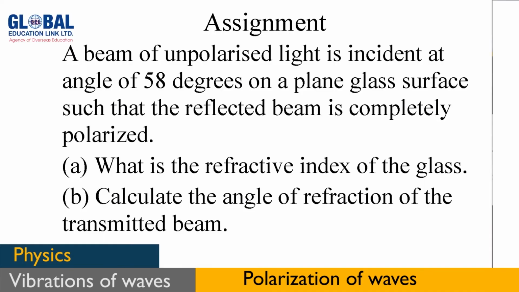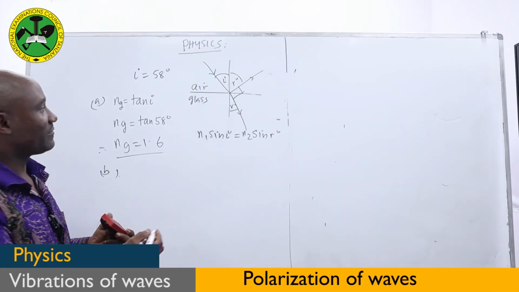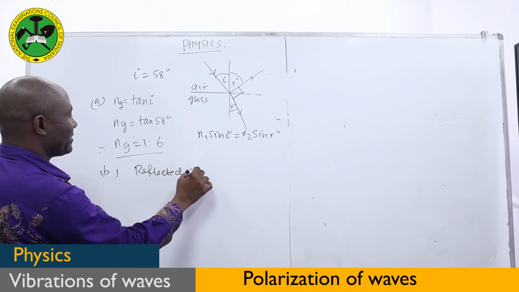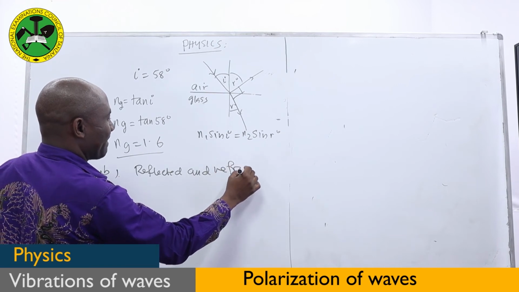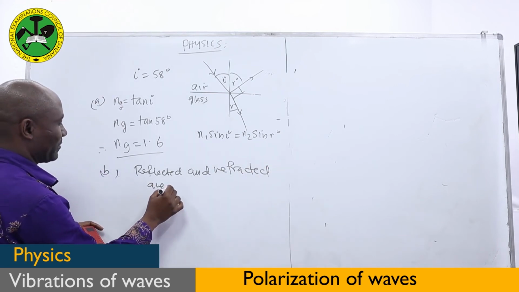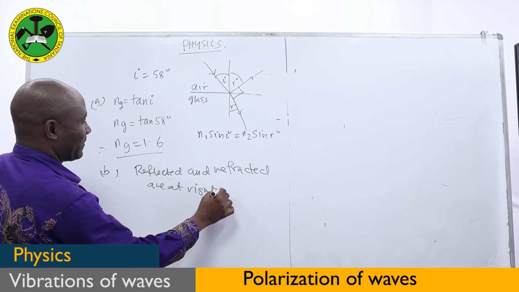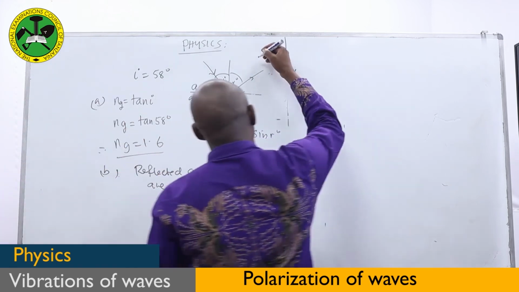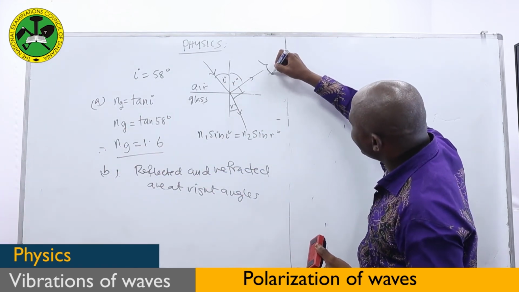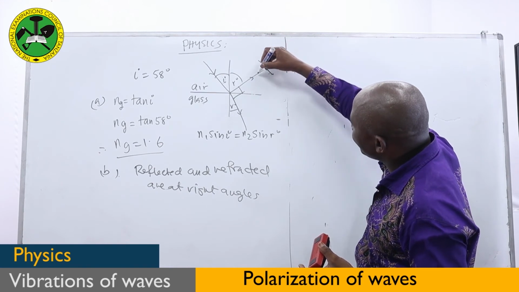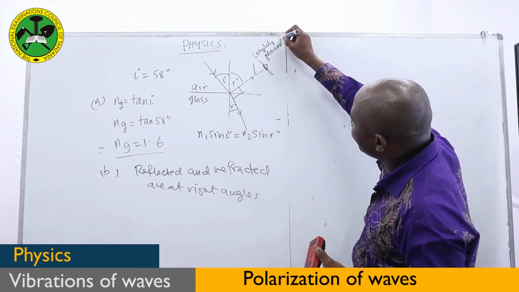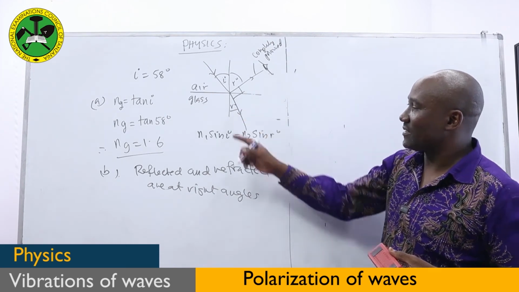B, what will be the angle of refraction of the transmitted beam? The angle of polarization is given. We remember that the reflected and refracted beams are at right angles. From the principle of polarization by reflection, when this observation is shown, the reflected beam is completely polarized and makes 90 degrees with the refracted beam.